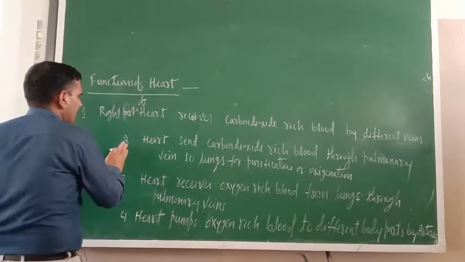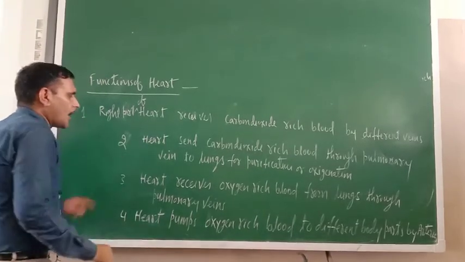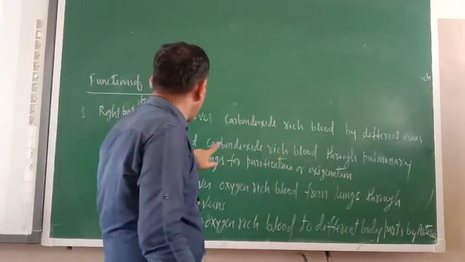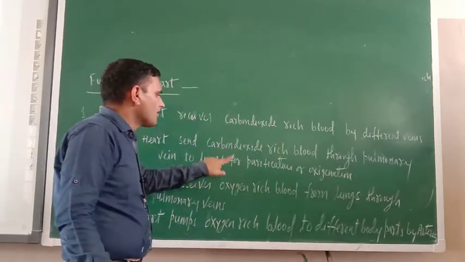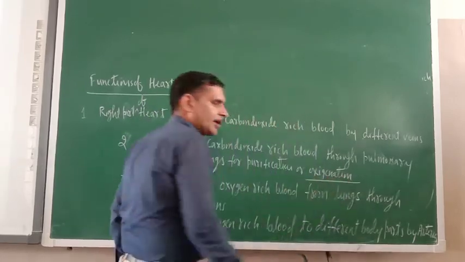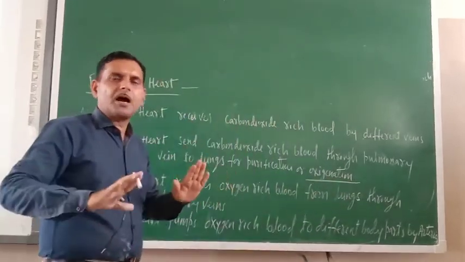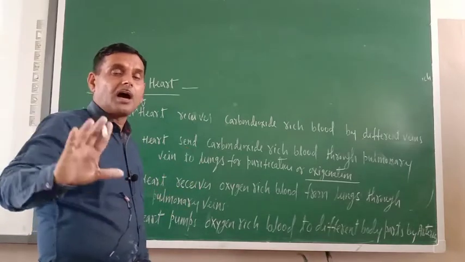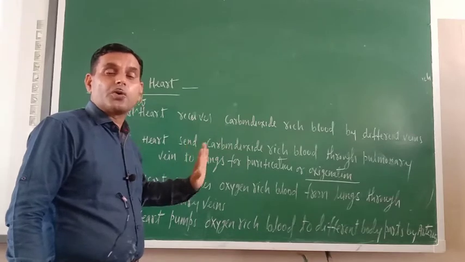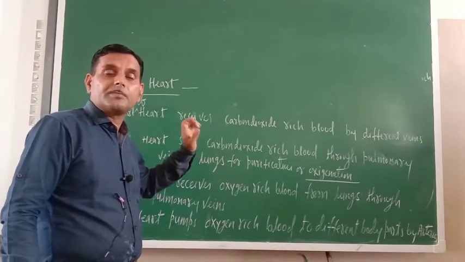What is the second one? Second function: the heart sends carbon dioxide rich blood through the pulmonary artery to the lungs for purification or oxygenation. Okay, once the right part of the heart receives the carbon dioxide rich blood, it will not be stored there for a long period of time.